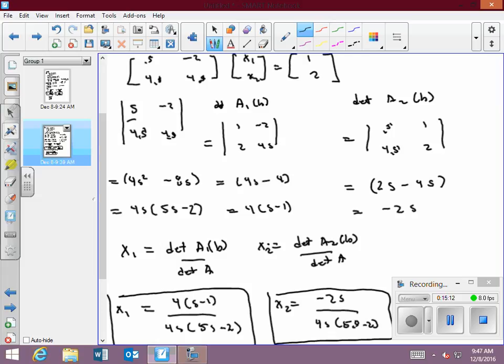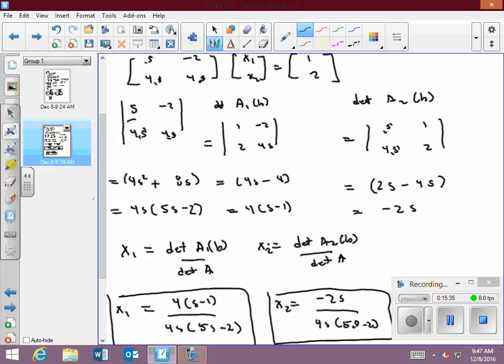And then the minus 8s is right. Is that right? Or is that plus 8s? That's a plus 8s, isn't it? It's a minus 2 times, so that's plus, isn't it?